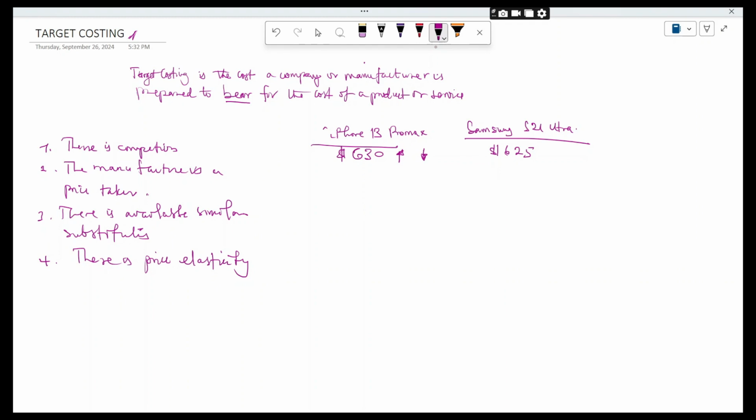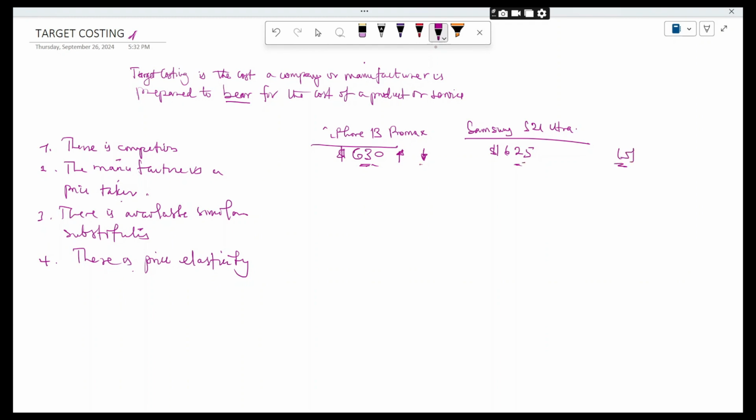Since companies are aware of all these factors, they need to also compete based on price, because when you look at 630 for iPhone 13 Pro Max and Samsung S21 Ultra, you realize that the price difference is only $5, right?